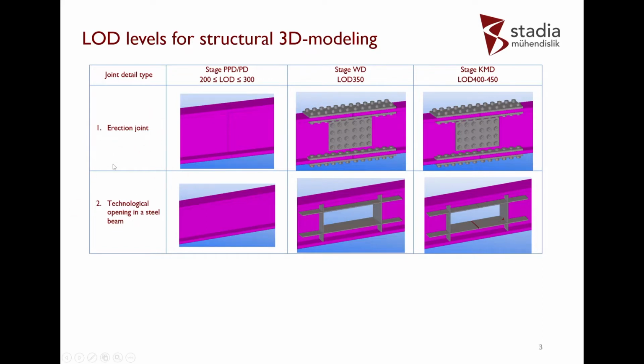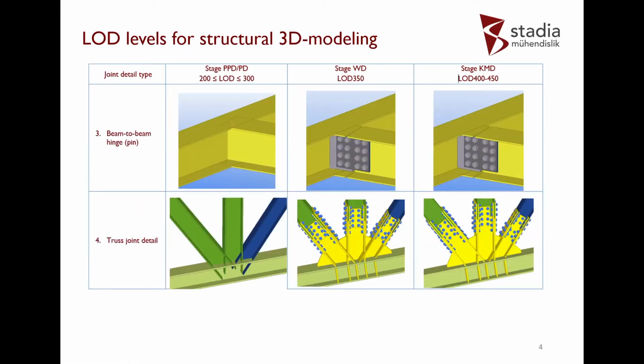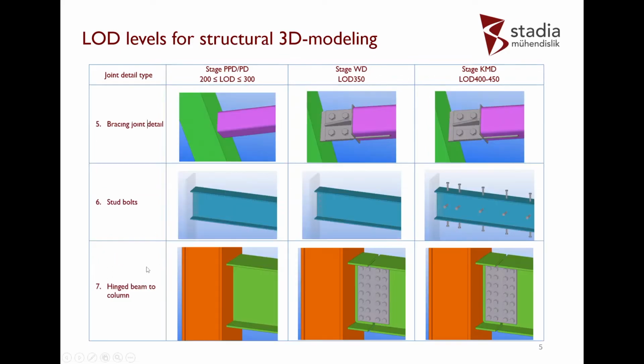Let's look at other types of details. Beam-to-beam connection, pin connection: in working documentation and in KMD documentation there are no big differences, except I think welds, which are not represented here because they are small, and in project documentation we have no such joint details. Truss joint details, bracing connection, the same.